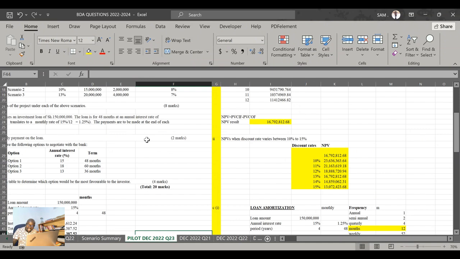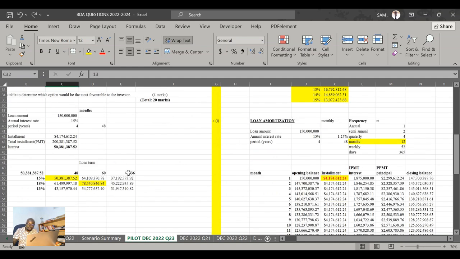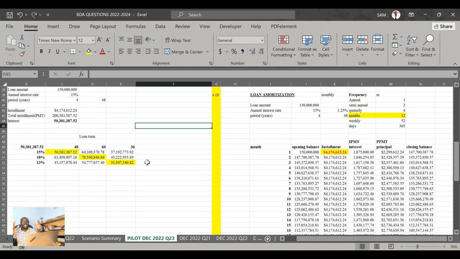Option 3, if I take option 3, then I will pay back the loan in 36 months at an interest rate of 13%. So 36 months, 13%. How much am I going to pay back as interest? I'm going to pay back 31 million. As an investor, you choose the option where you'll pay the least amount.